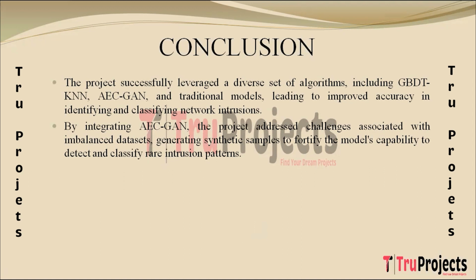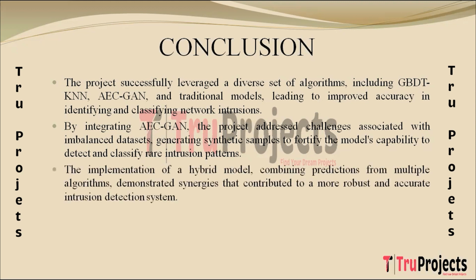This fortified the model's capacity to discern and categorize rare intrusion patterns, effectively mitigating the challenges posed by skewed data distributions. The incorporation of a hybrid model aggregating predictions from diverse algorithms showcased synergies that collectively strengthened the intrusion detection system. This collaborative approach contributed to heightened robustness and accuracy in identifying security threats.